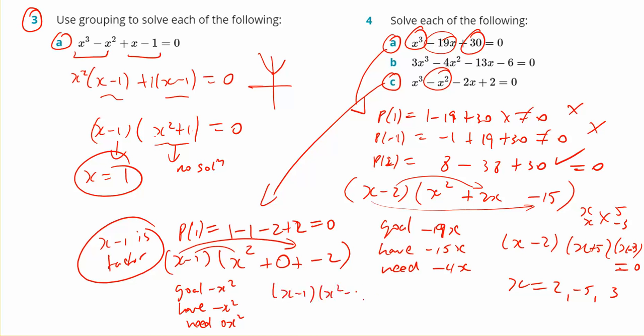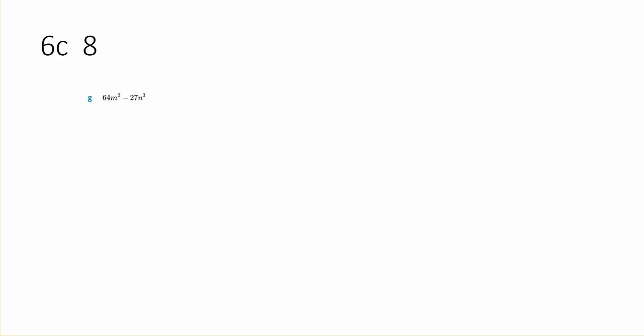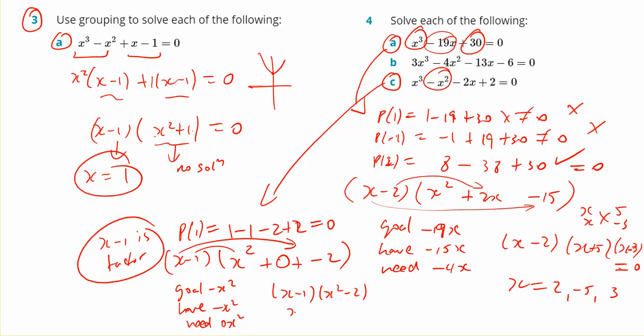If you wanted to factorize it fully, you can use difference of squares for the second factor. So we get x minus root 2, x plus root 2 equals 0. Therefore x would equal, using our null factor law, 1, root 2, negative root 2.